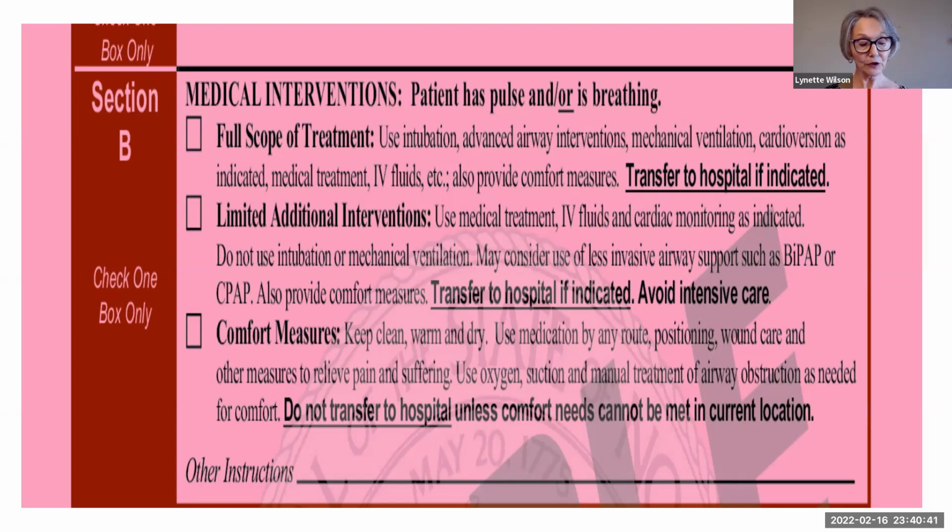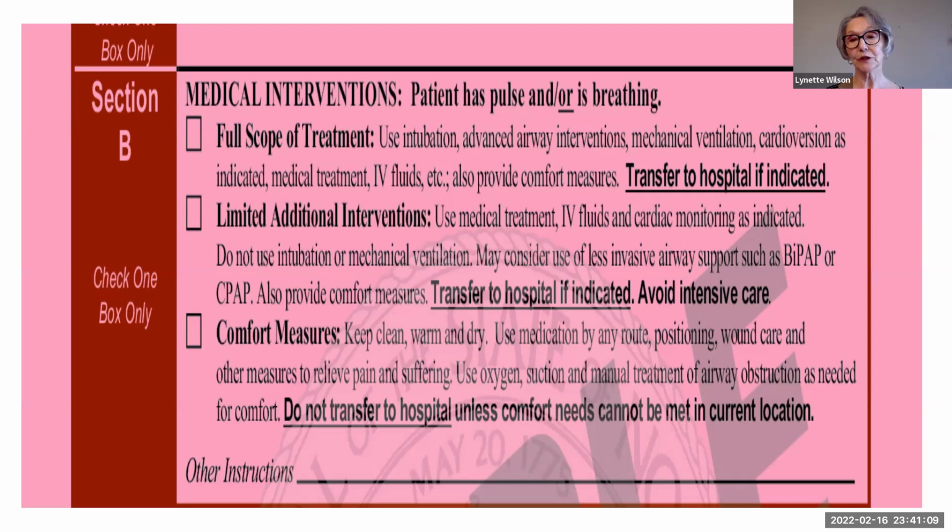So ultimately, when EMS got there, the staff pulled out the MOST form for them and they backed off and left him where he was. At that point in time, I happened to be at my parents' a little over 2 hours away. So it was a good thing that I had the form, because I was not able to get there as quickly as he would have been moved.